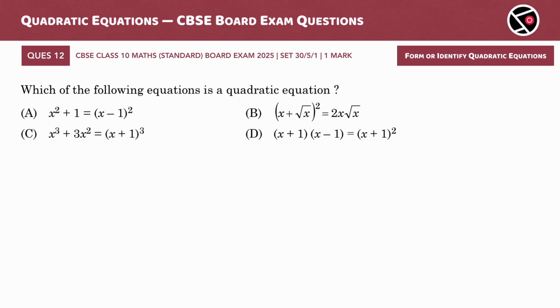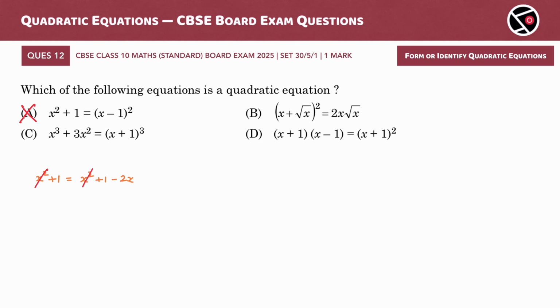But still, let me do it to make sure you understand this clearly. We expand x minus 1 whole square on the right hand side. x square plus 1 equals x square plus 1 minus 2x. x square on both sides cancel out. There is no x square term left. This is not a quadratic equation.